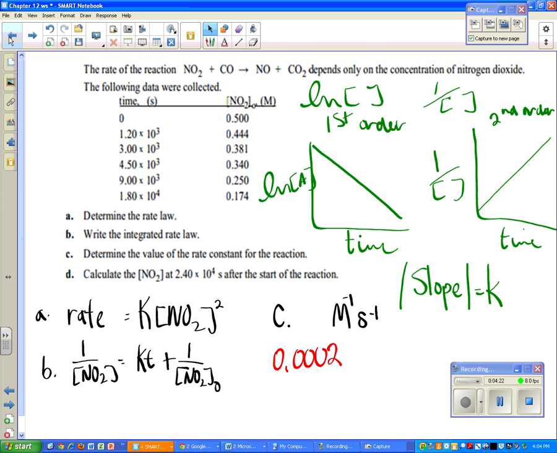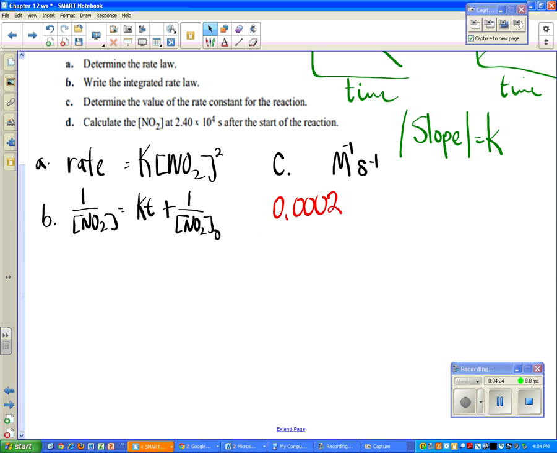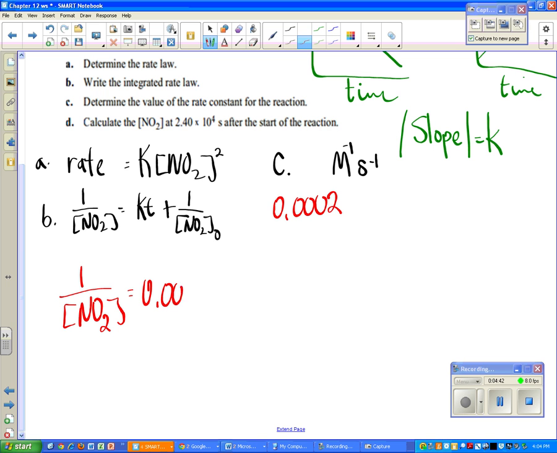So then to answer this last question, very, very simple. I'm just going to take the information and plug and chug back into it. What do I know? I'm looking for the NO2 concentration, not the inverse, but the NO2 concentration. But I'm going to plug into this formula. I know k, and I'm going to show you how the units actually work out here.